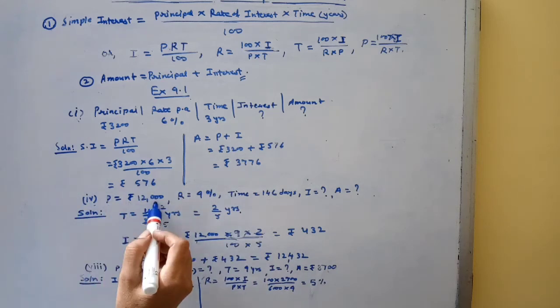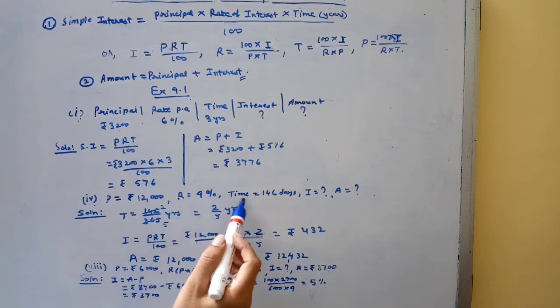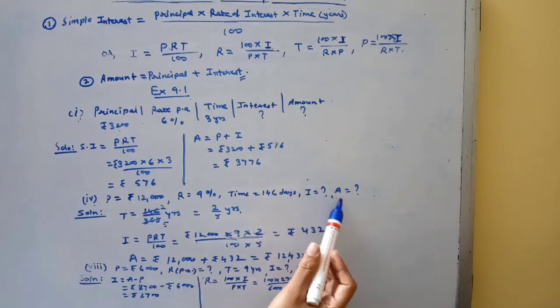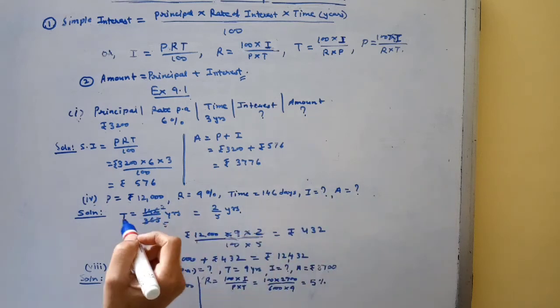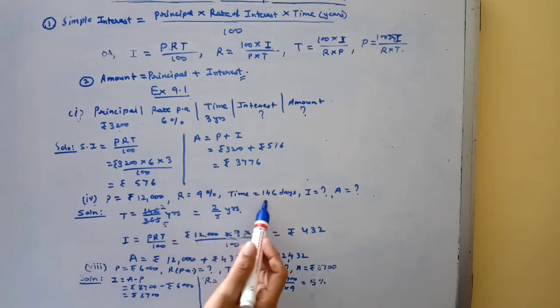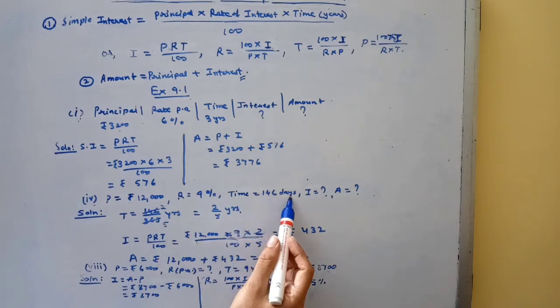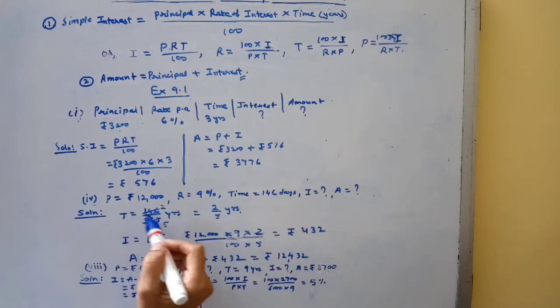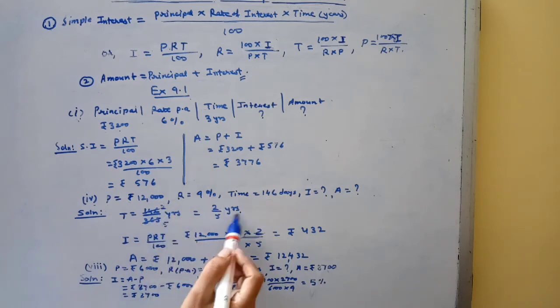Now we do the fourth sum. Here principal, rate and time are given, with time in days. Calculate interest and amount. Principal is rupees 12,000, rate is 9%, time is 146 days. Now we convert this time, that is days, into years by dividing it by 365. So time is 146 divided by 365, we will get 2/5 years.